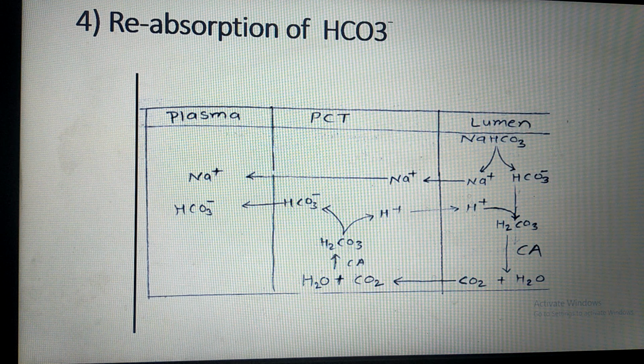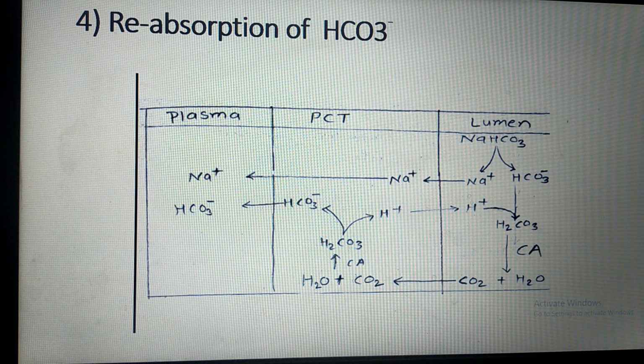This H2CO3 is broken down into carbon dioxide and water. This carbon dioxide then enters into the PCT. In the PCT, the reverse mechanism takes place, that is carbon dioxide combines with water to form carbonic acid. Carbonic acid is then broken down into bicarbonate and H plus ion. This H plus ion again enters into the lumen and bicarbonate enters into the plasma. So this H plus ion which has entered into the lumen is recirculated.